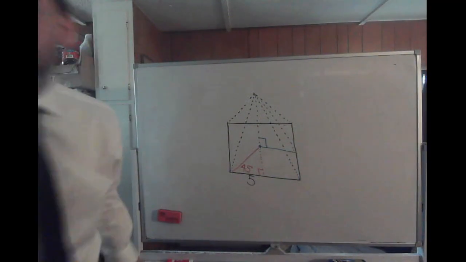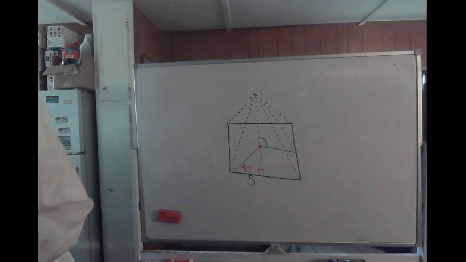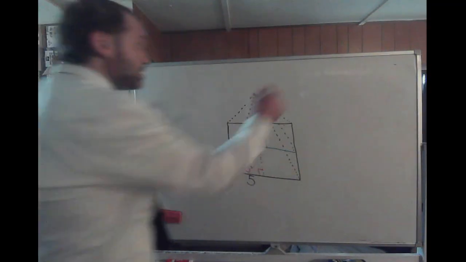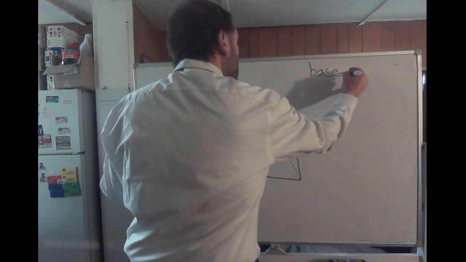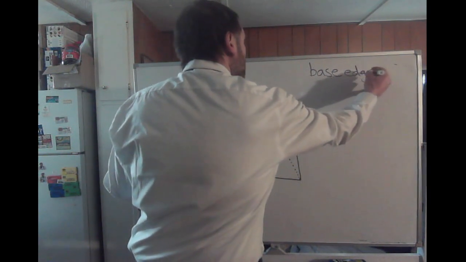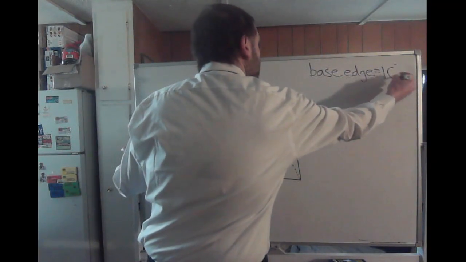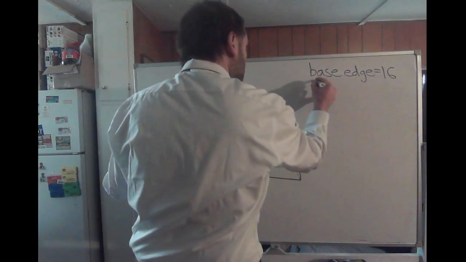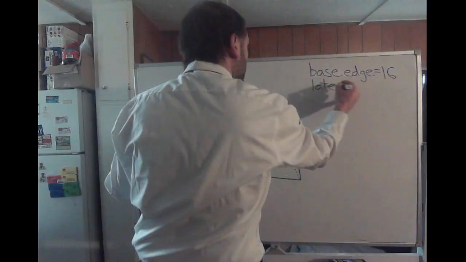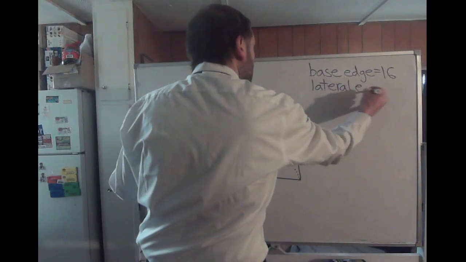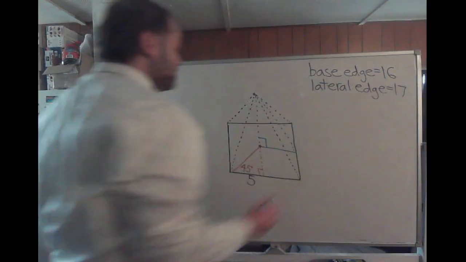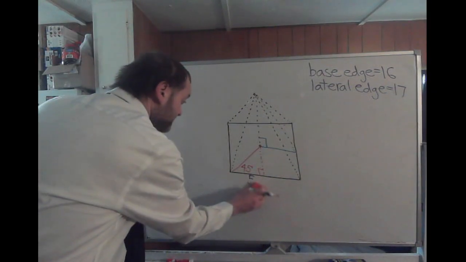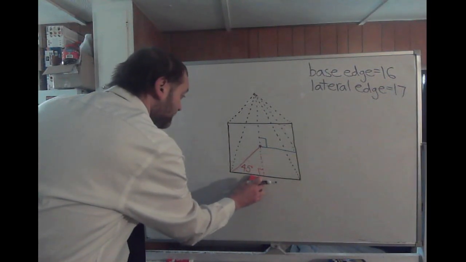Let's see what we're given this time. Base edge equals 16. Now this is different. A lateral edge equals 17. So we know a base edge this time to be, the whole length is 16.